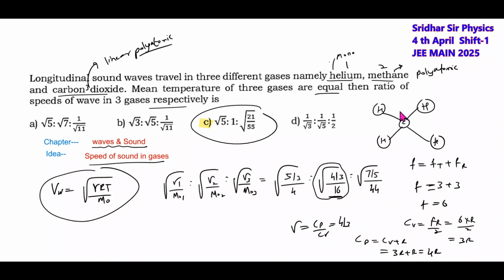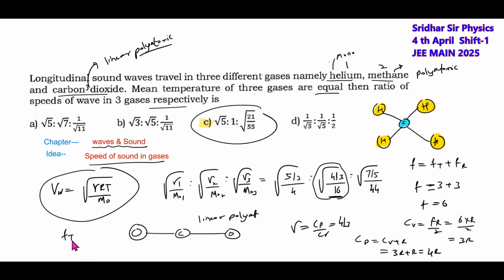Is it okay, justified? I know a little bit of chemistry, with that I am managing here. CH4 is methane and it's a polyatomic. Based on chemistry data, it will have 3 translational and 3 rotational. What about carbon dioxide? Carbon, oxygen, it's like a linear polyatomic.